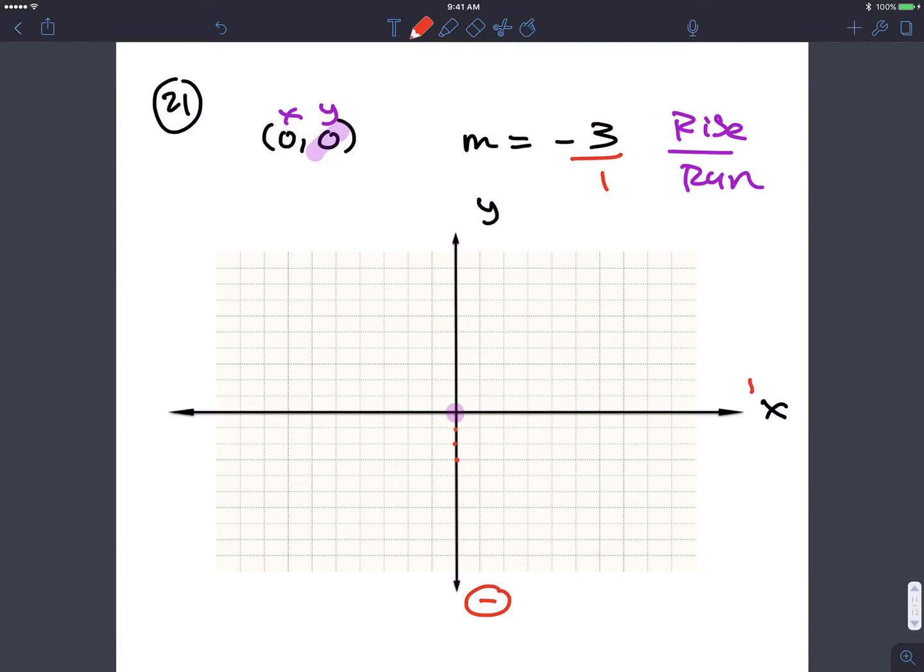We're going to run to the right 1 unit, because 1 is positive. This is the location of our second point from the y-intercept. We can now draw our line. We have 2 points. Here's our line.